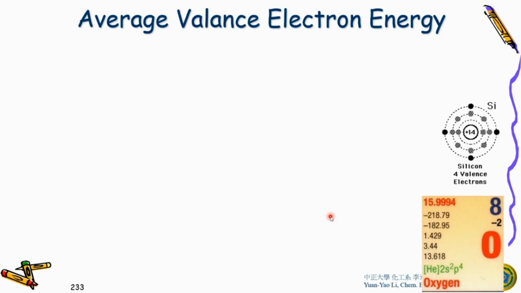Right, okay, so now the question is, what if we know the electrons we want to take out, the very reactive electrons, for example silicon, which has 4 valence electrons? If we want to take out these 4 valence electrons, what's the energy required? And here, there's a term called average valence electron energy.